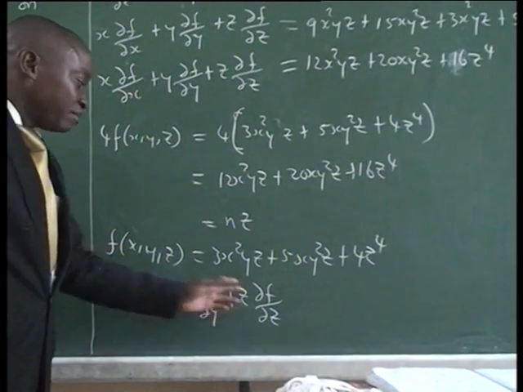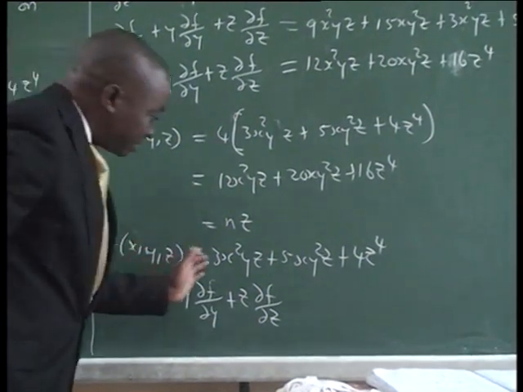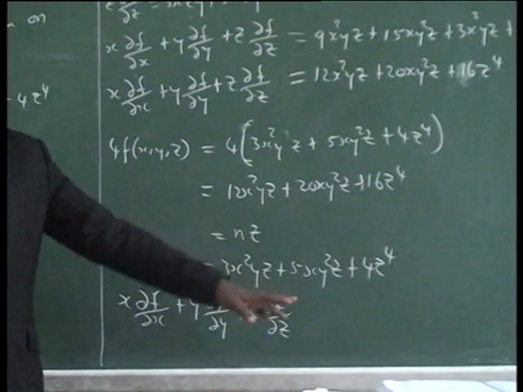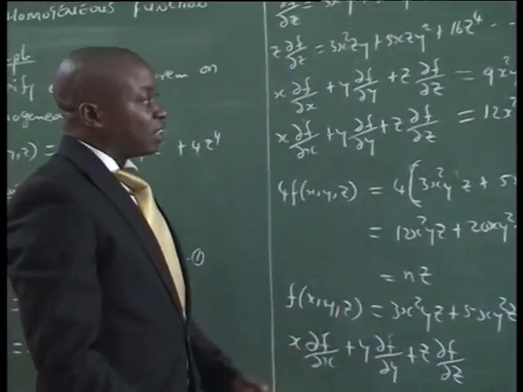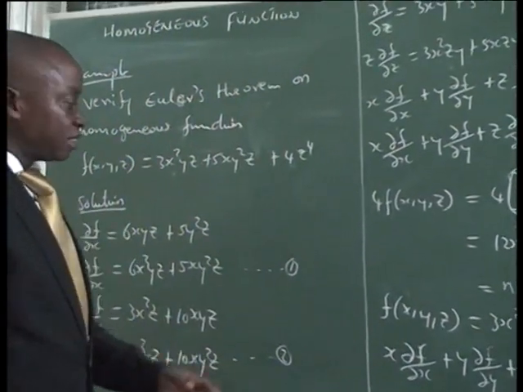Instead of doing this process, I can use n times this function, just that. Then I will have the results. So that is Euler's theorem. It's very interesting.